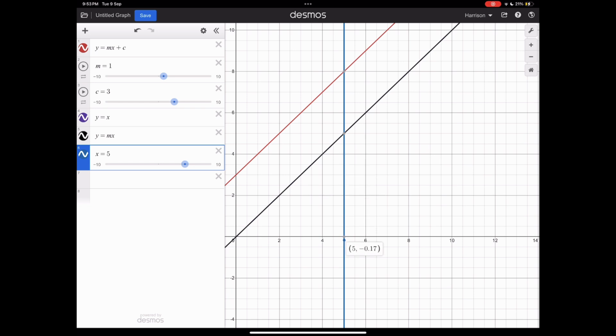So say at this point, at 5, we're at 0, but then at 5 we're also at 2. So we do 2 minus 0, that's our rise, we'd go up 2, but we've gone along 0, and you can't divide by 0, so its gradient is undefined.